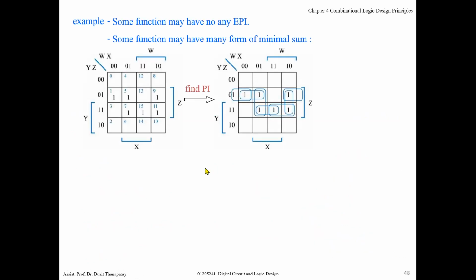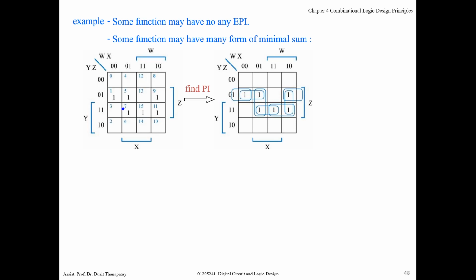Some functions may have no essential prime implicants, and some functions may have many forms of minimal sum. For example, take this K-map of one function. The prime implicants are this one, this one, this one, this one, this one, and this one, right?